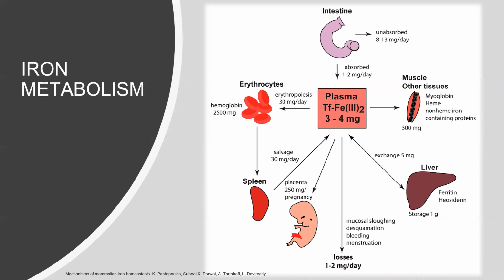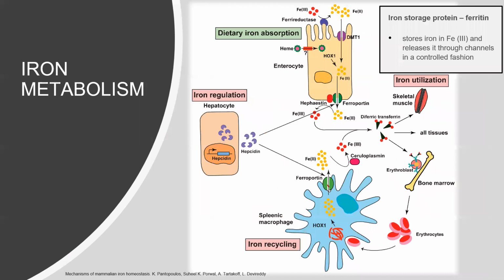That means that old erythrocytes that are broken down in the spleen go back to our body and serve further. So splenic reticuloendothelial macrophages actually recycle iron, right? From senescent red blood cells, as I said, and from both types of cells, from splenic cells and from the enterocytes, iron is released via ferroportin with the aid of hephaestin.